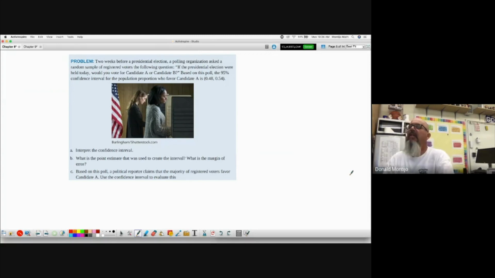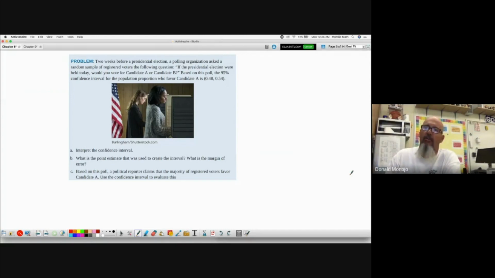So what is this telling us? We are 95% confident that somewhere between 48 and 54% of the entire country would vote for candidate A. Well, how do we know? They didn't ask you, they didn't ask me.